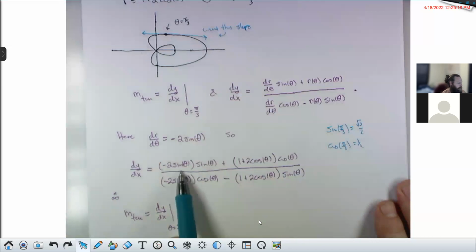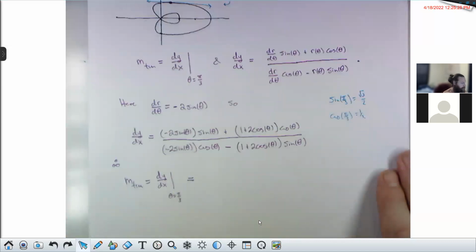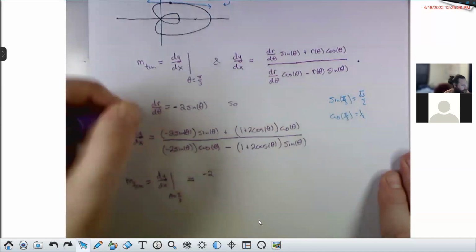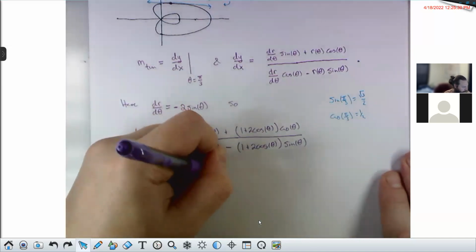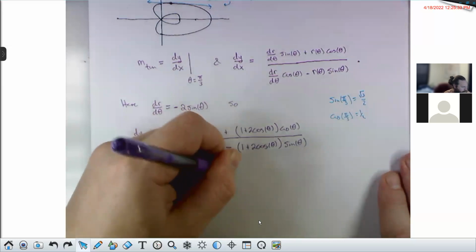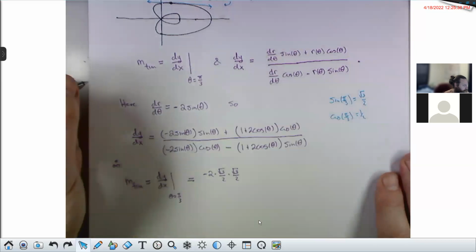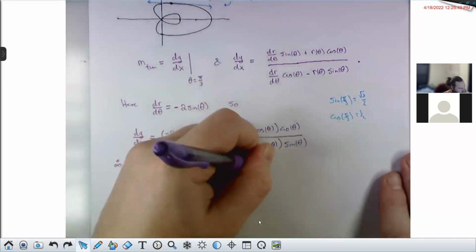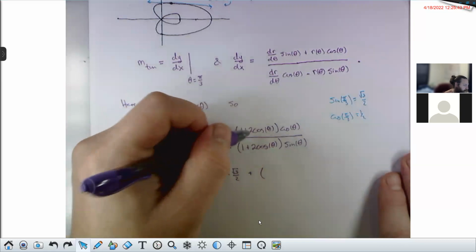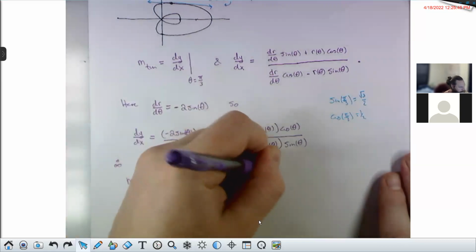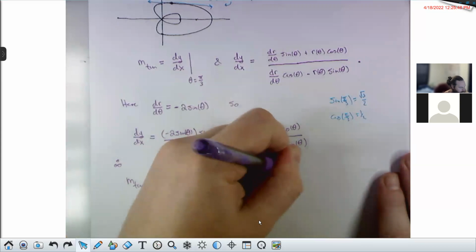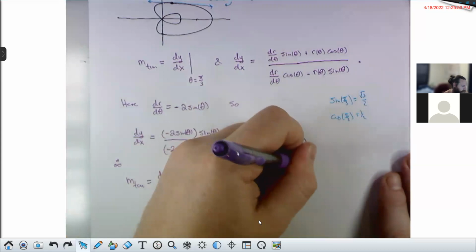So I'm going to be plugging in root 3 over 2 and 1/2. That's negative 2 times sine theta, which is root 3 over 2, times sine theta, root 3 over 2, plus parentheses 1 plus 2 cos theta. So that's 1 plus 2 times cos of pi over 3, which is 1/2, all times cos of pi over 3, which is 1/2.